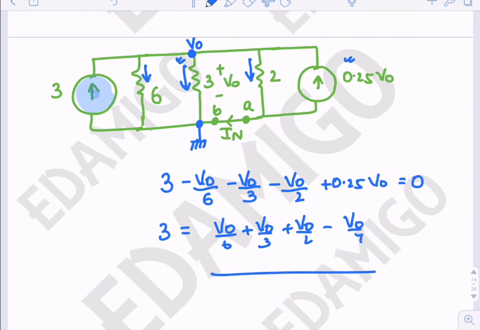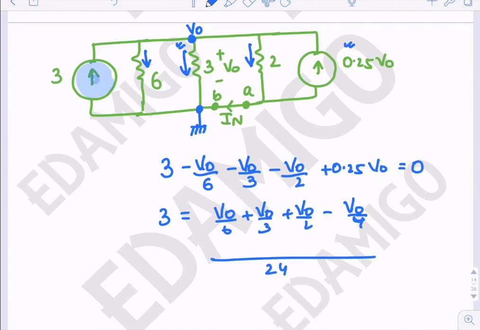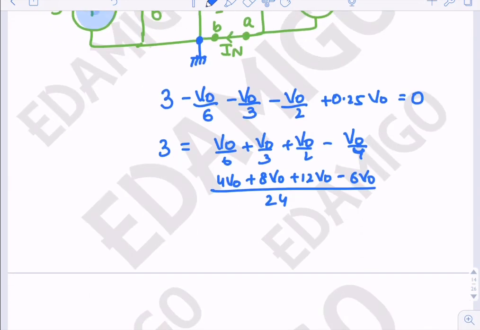Let us take 24 as the common factor. So here we have 4 V0, 8 V0, 12 V0 and 6 V0. So we have 18 V0 by 24 equals 3.